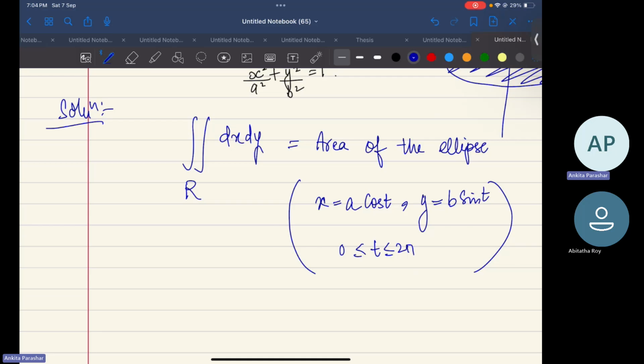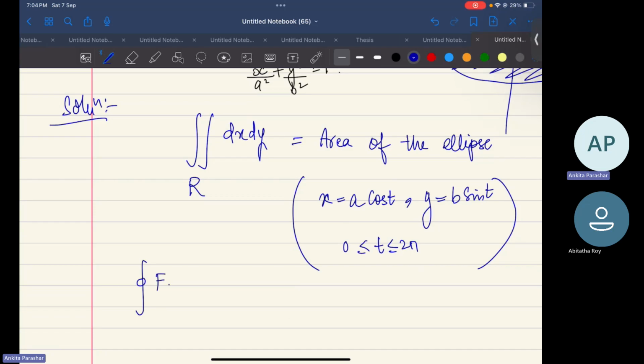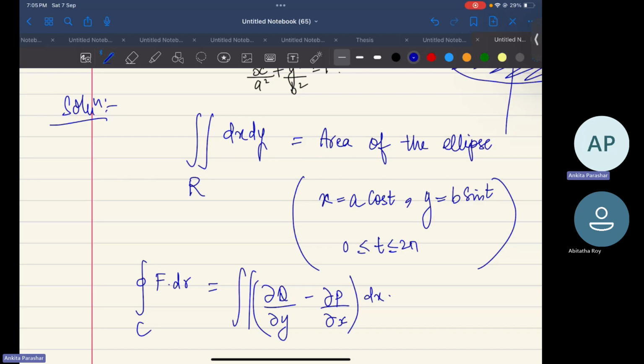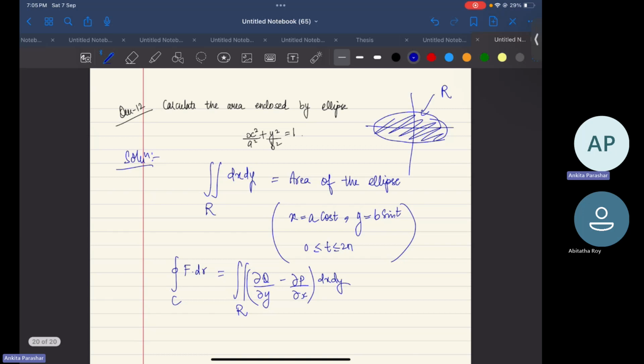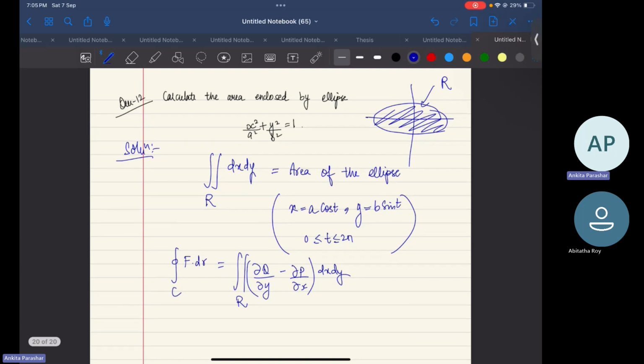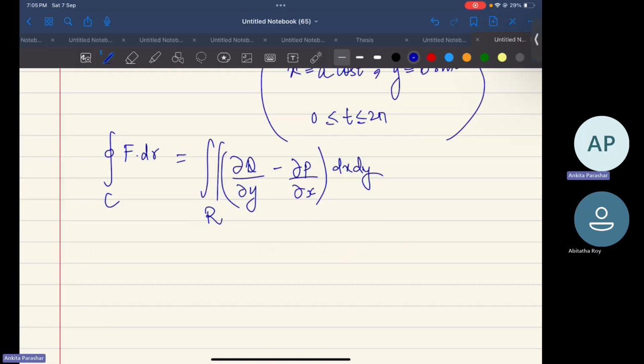But Green's theorem has to be used in such a way that you are computing F dot dr over a curve and you will land up with del Q by del x minus del P by del y, dx dy over a certain region. I actually want to relate those things here, and how I'm relating is this. Suppose I give you one F. F is nothing but minus y by 2 i cap plus x by 2 j cap.